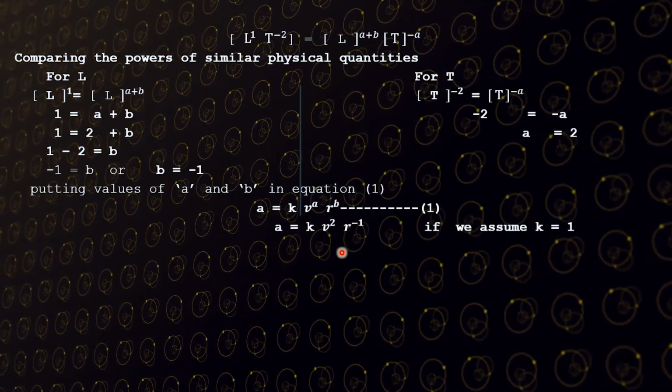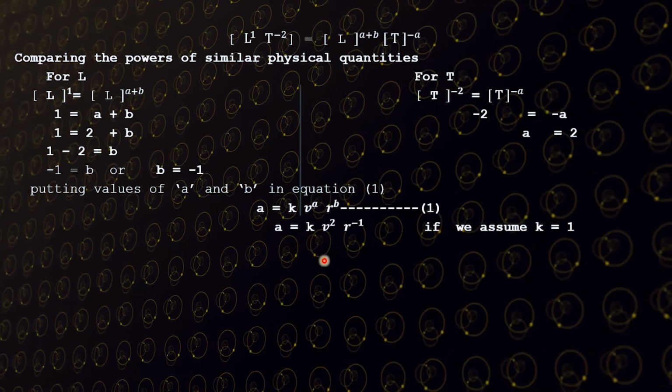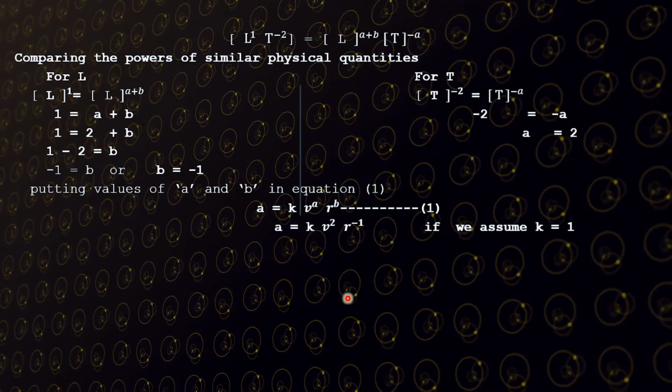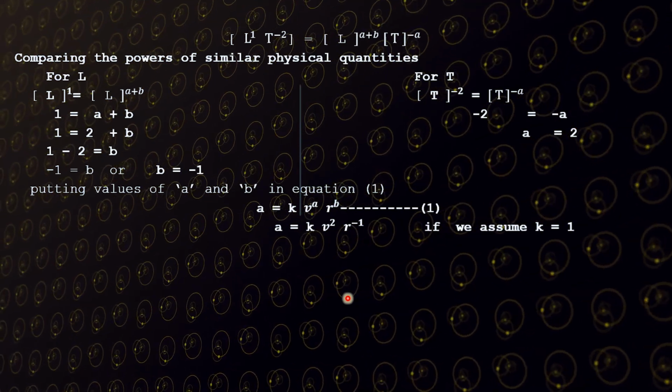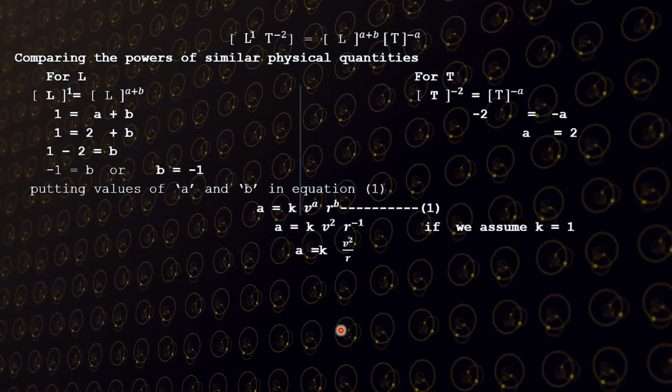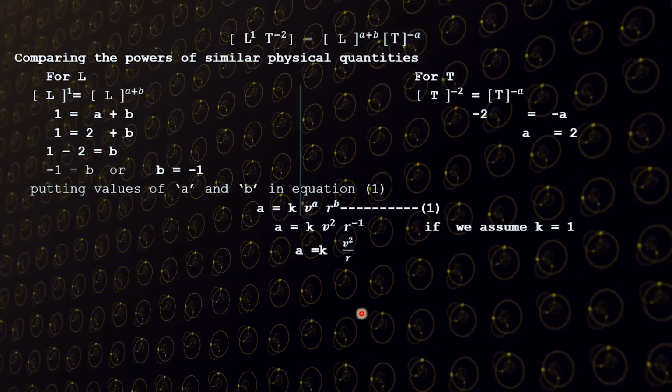So when we substitute a is 2 and b is minus 1, if I want to make the power of r plus 1, I will take that r in the denominator. So the formula will become v square over r.